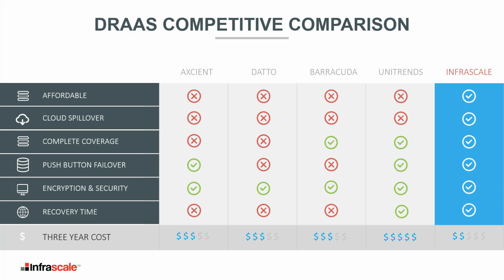I really think this helps summarize the key criteria that you want to be looking at. And as you can see from this comparison, all of the major vendors out there don't really stack up the way that InfraScale does. Again, here we looked at Axient, Datto, Barracuda, Unitrends, and then you see InfraScale on the right.